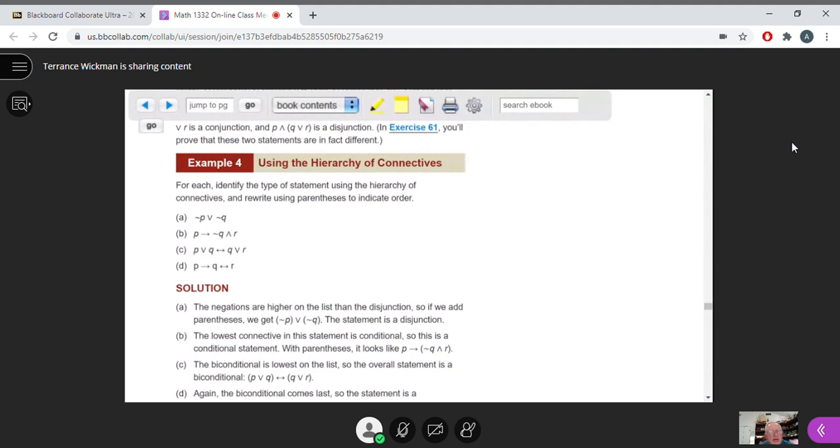Okay, so now. We know that we have an upside down arrow, or B, with negations. It says negations are higher on the list than the disjunction. So if we add parentheses, the statement becomes a disjunction.